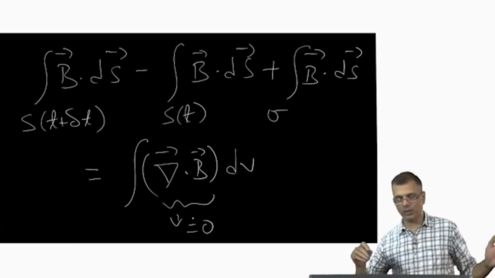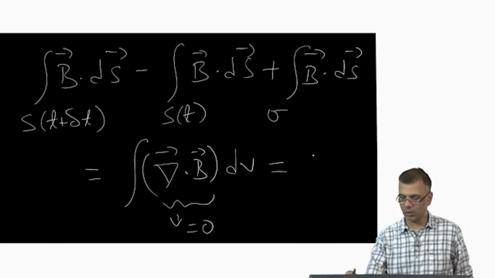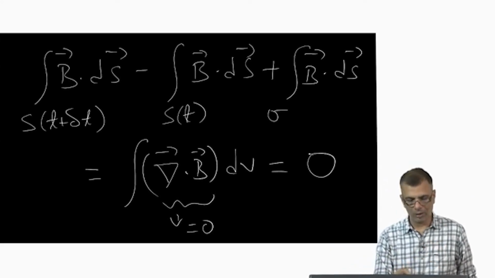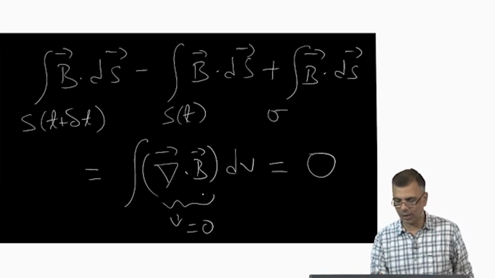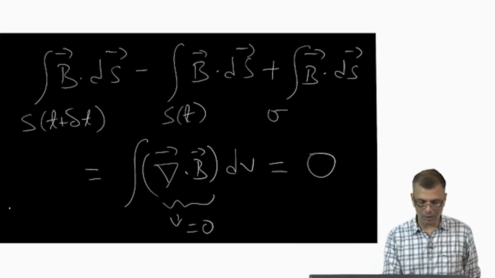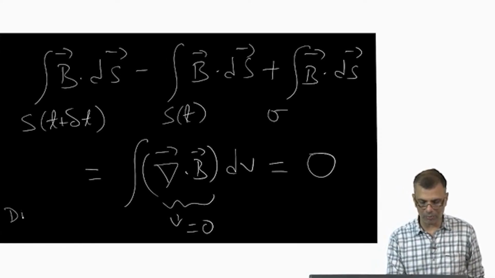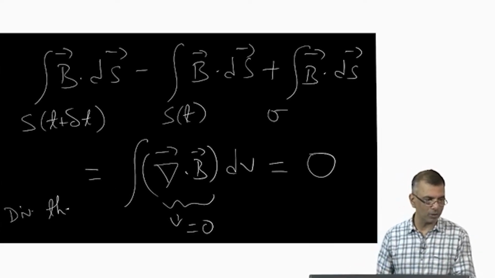Divergence of B is always equal to 0 no matter what, right? So this has to be equal to 0. This connection between the surface integral and the volume integral is through the divergence theorem. Okay, so this is one important thing.